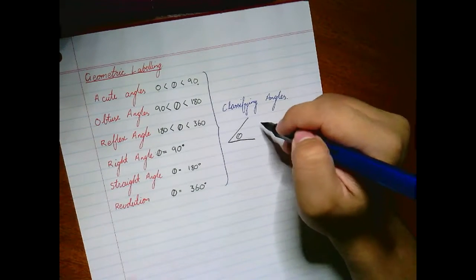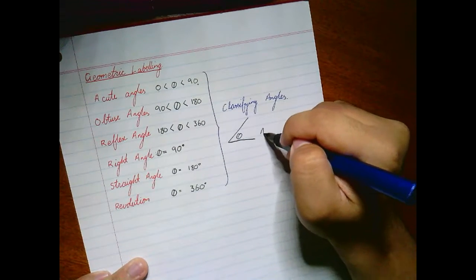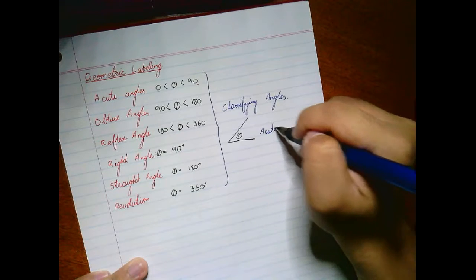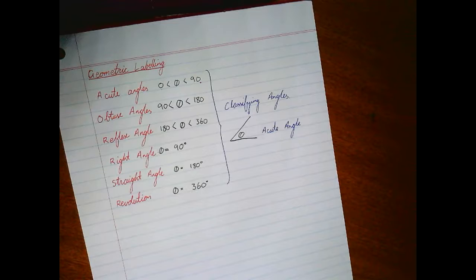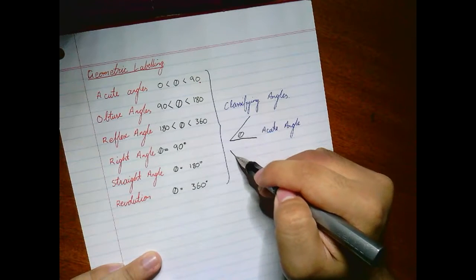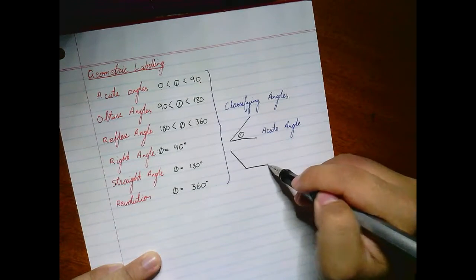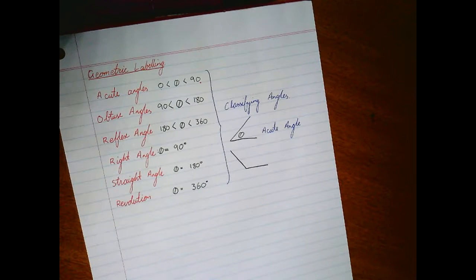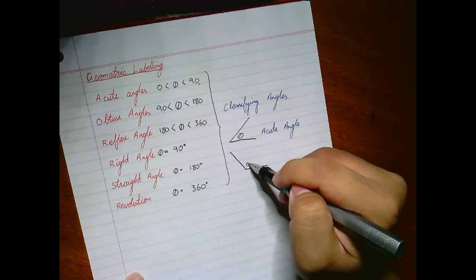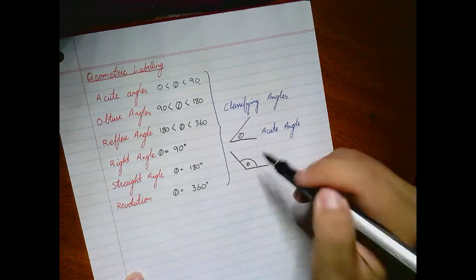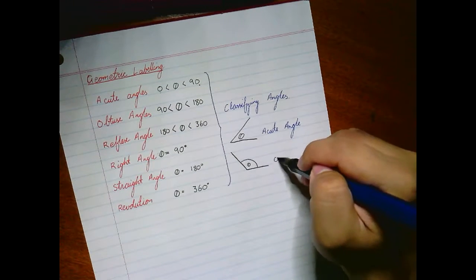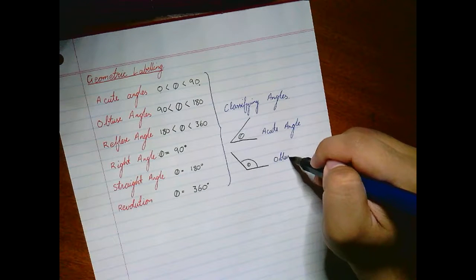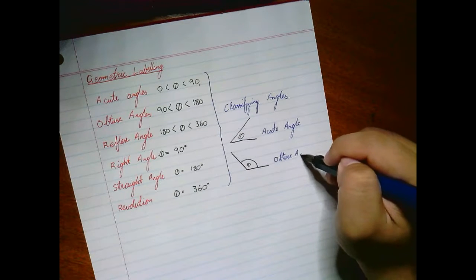You can classify this. You know straight away that this angle is an acute angle. If I gave you another angle, if I gave you this one, and theta is inside here, so it's that angle, we can classify it as an obtuse angle.